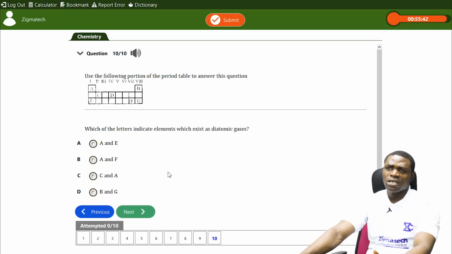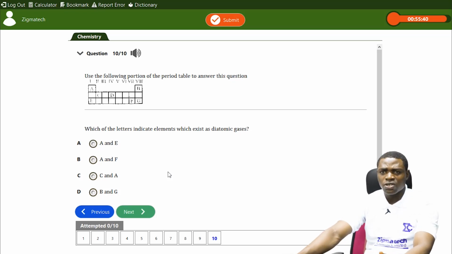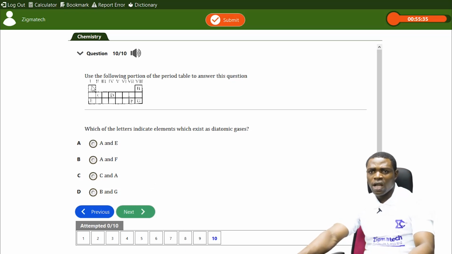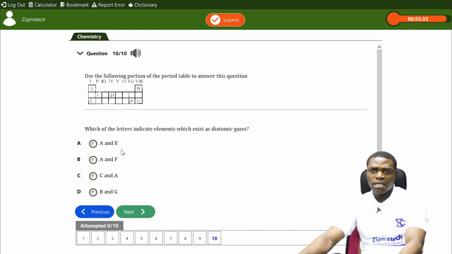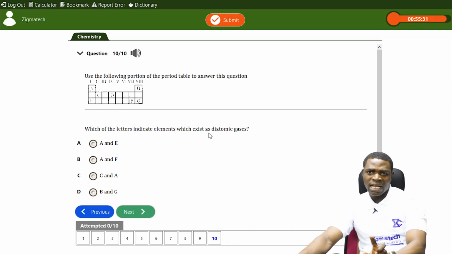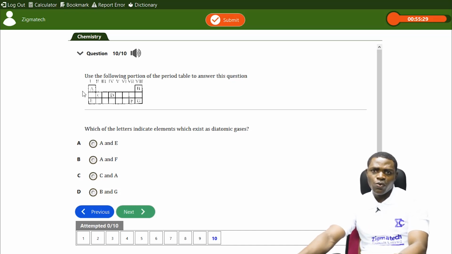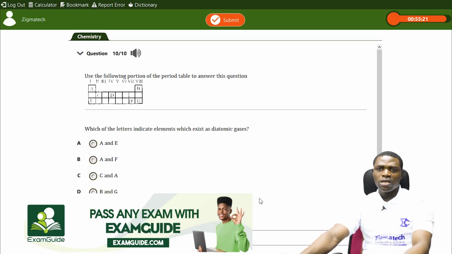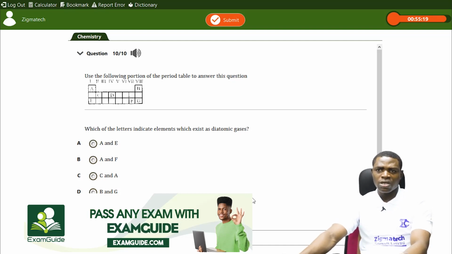These are questions that you cannot but encounter in the course of exploring most of these past questions. So if you look at the trend, you will understand that looking at diatomic gases, A, which is hydrogen, and F, which is fluorine, both are diatomic, while others are monoatomic gases.